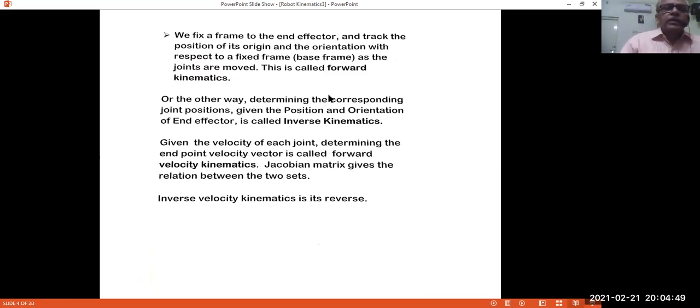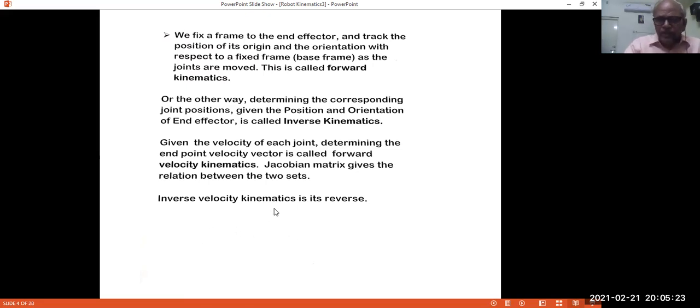So again, some terminology. Forward kinematics is finding out the position and orientation of the end effector given the joint variables, that is, the angle of rotation or displacement of the joints. On the other hand, many times you know where the end effector has to go to.